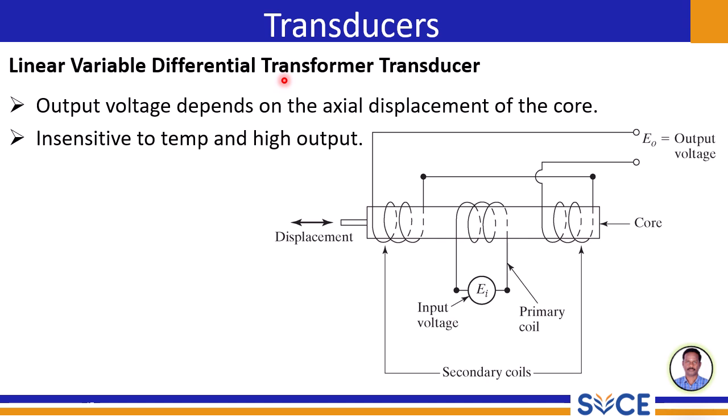The important thing is that the output voltage of an LVDT depends on the axial displacement of the core. This makes it primarily a displacement transducer. The key advantage of LVDT is that it is generally insensitive to temperature and vibrations and provides a high output voltage, which can simplify the signal processing.